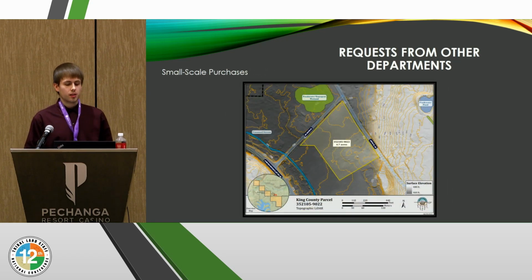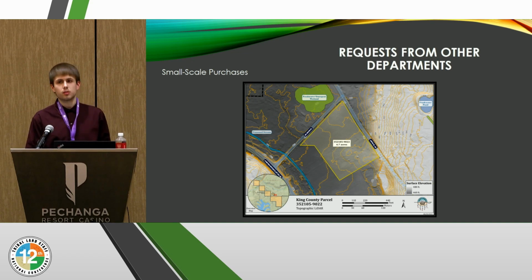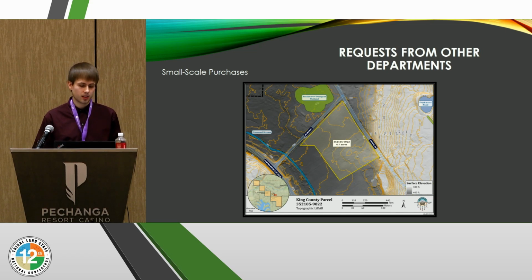I've mentioned that the tribe acquires property frequently. Our realty director helps out with the land acquisition, and he often asks me to make a map to show if this is a viable property for the tribe to own, whether that's to have a buffer from the reservation or to have potential development happen on it.